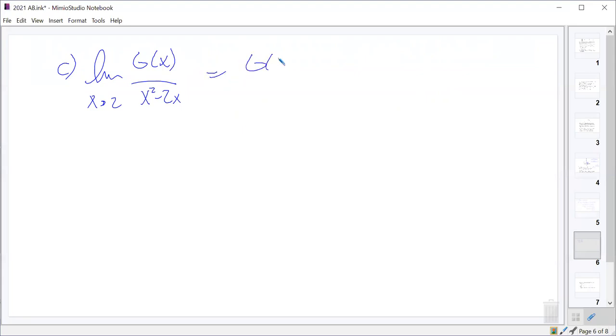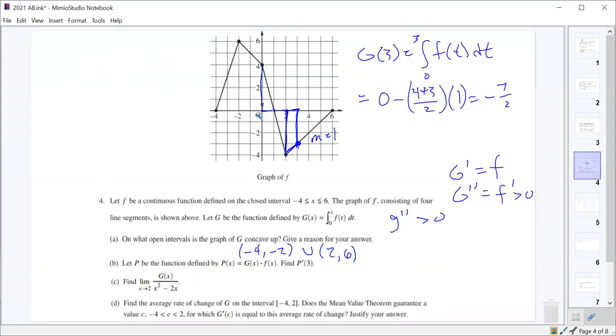What does that become? G of 2 over 0? What's g of 2? G of 2 is 0. We know that because, as we said a minute ago, those two areas between 0 and 1 and 2 cancel each other out.